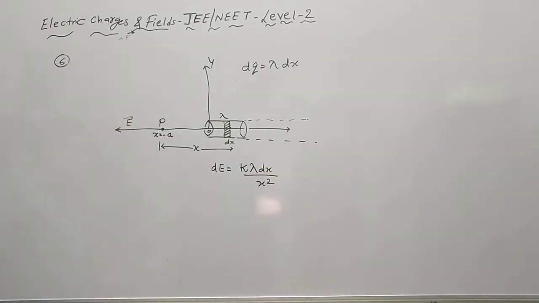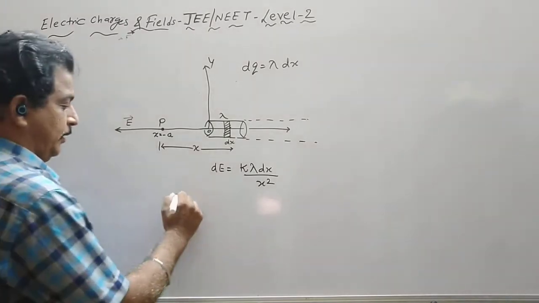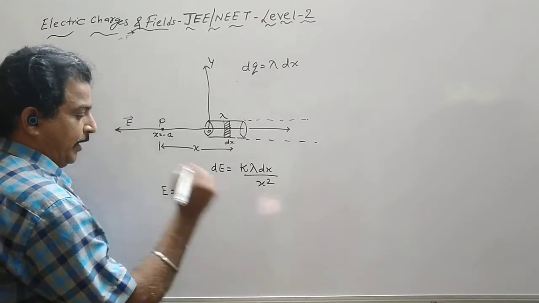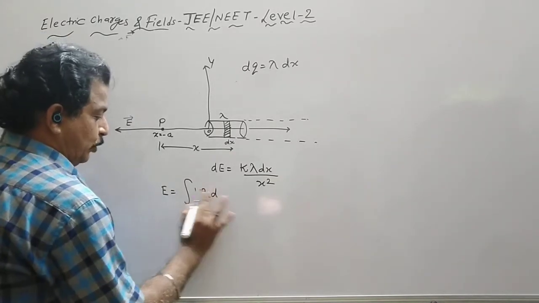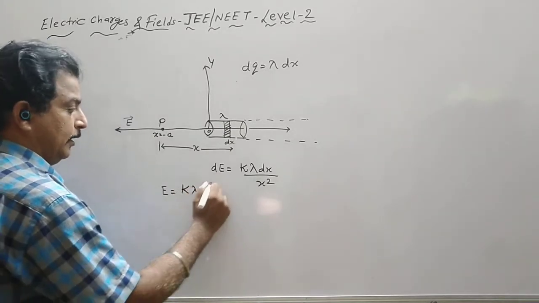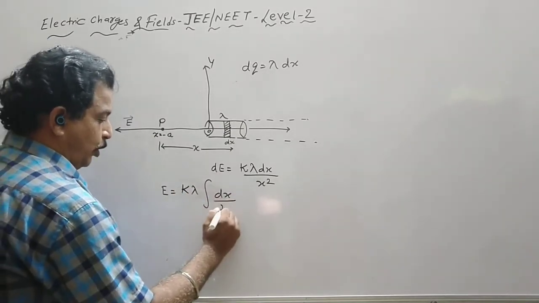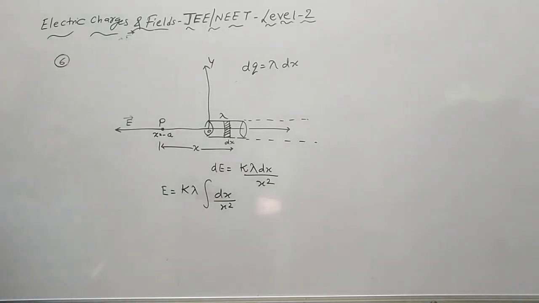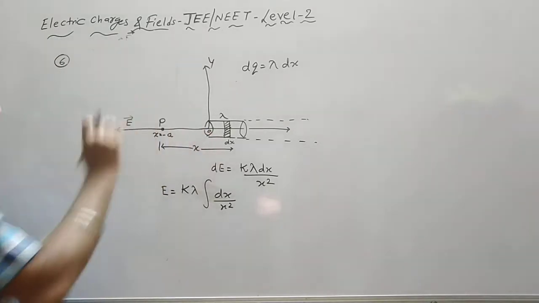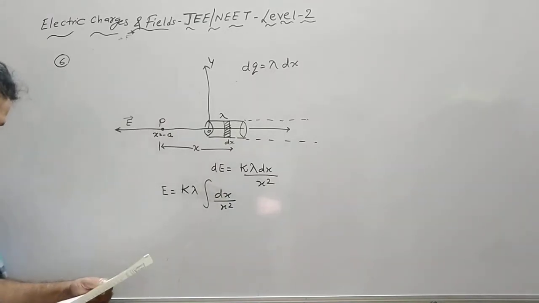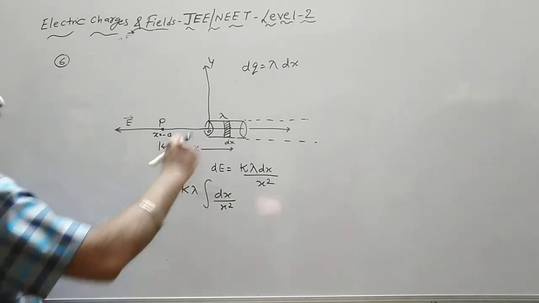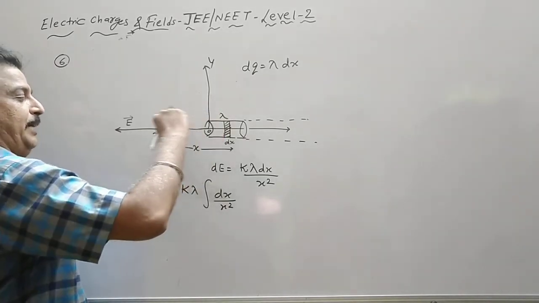Same sum, only you have to determine the limit. Now electric field intensity is equal to integration K lambda dx. So K lambda is constant. Let us take K lambda outside. Integration dx upon x square. Now the limit. It is given that from the origin the distance is a. So the first element will be at a distance a.